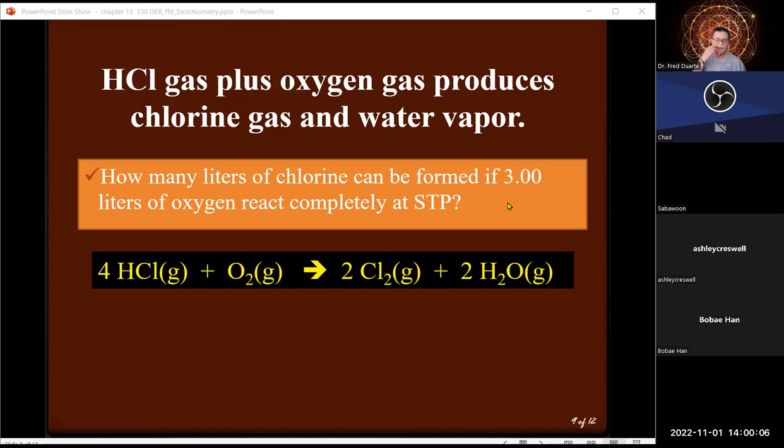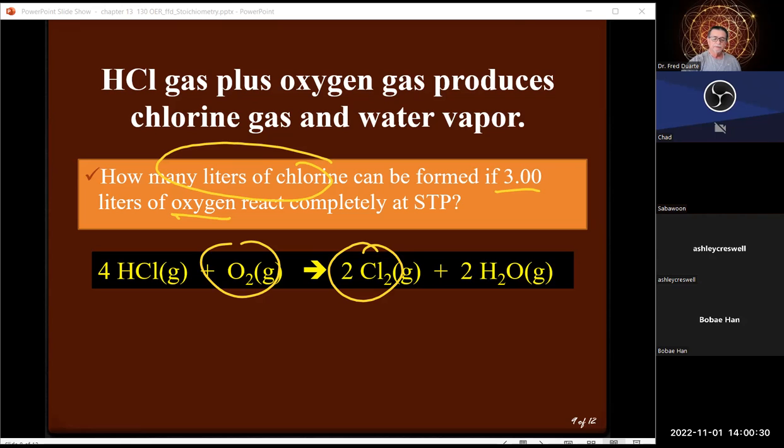Okay, here we go. Now, how many liters of chlorine can be formed if 3 liters of oxygen react completely at STP? So we're looking at chlorine and oxygen. We write down what we're given: 3.00 liters of oxygen.